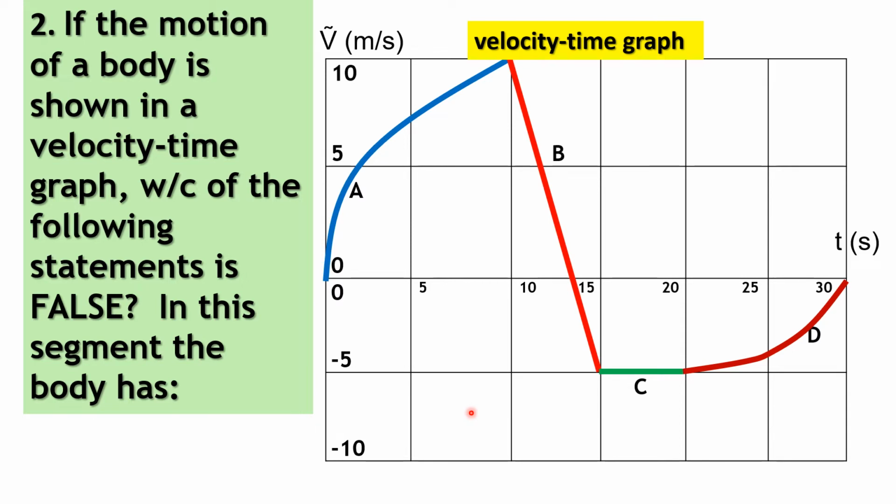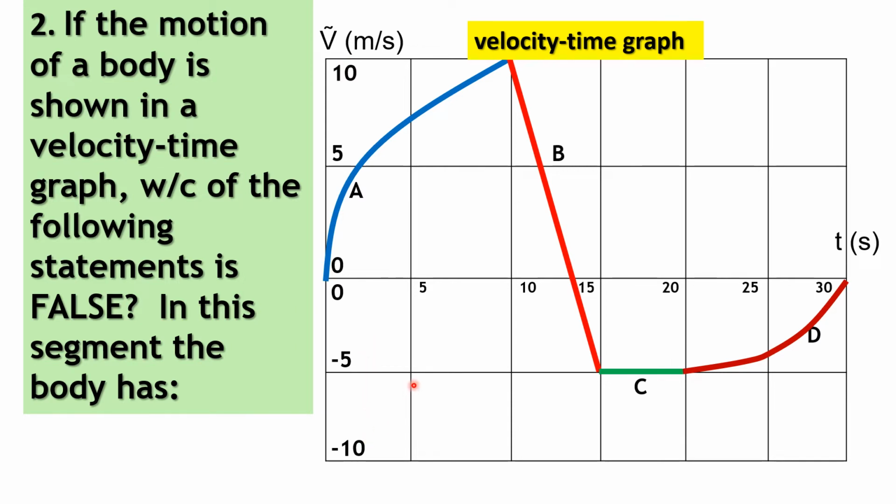A speed time graph is so much different from a velocity time graph. What we have here is a velocity time graph because we are treating this quantity, velocity, as a vector quantity. It has magnitude and a specific direction.